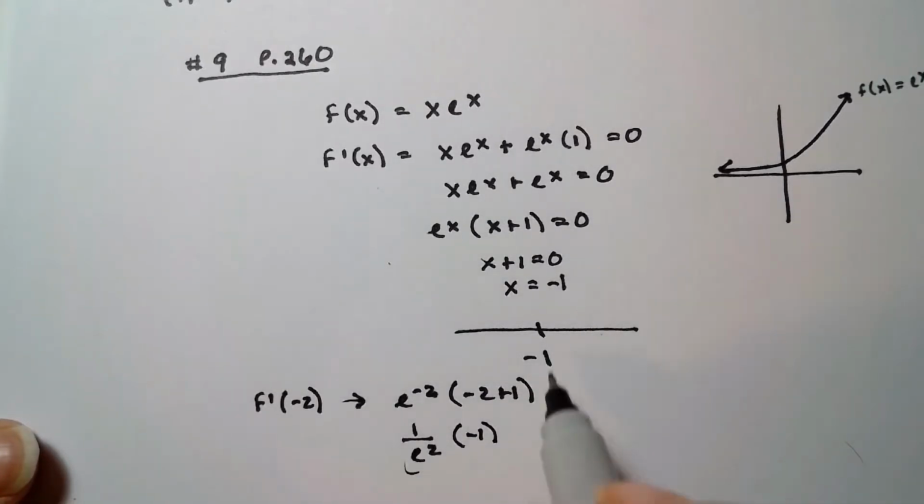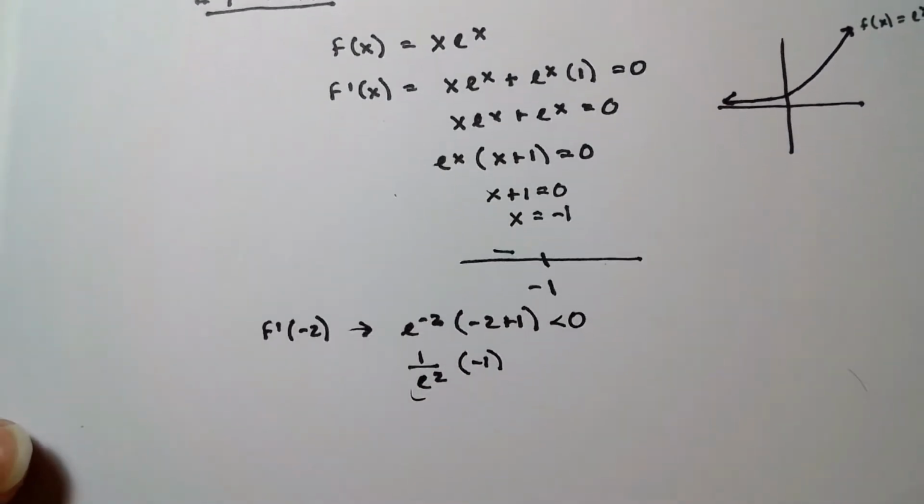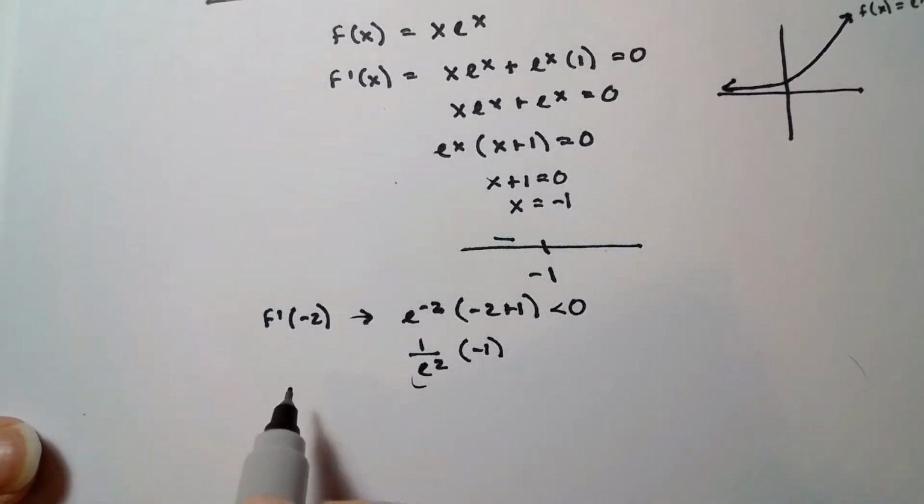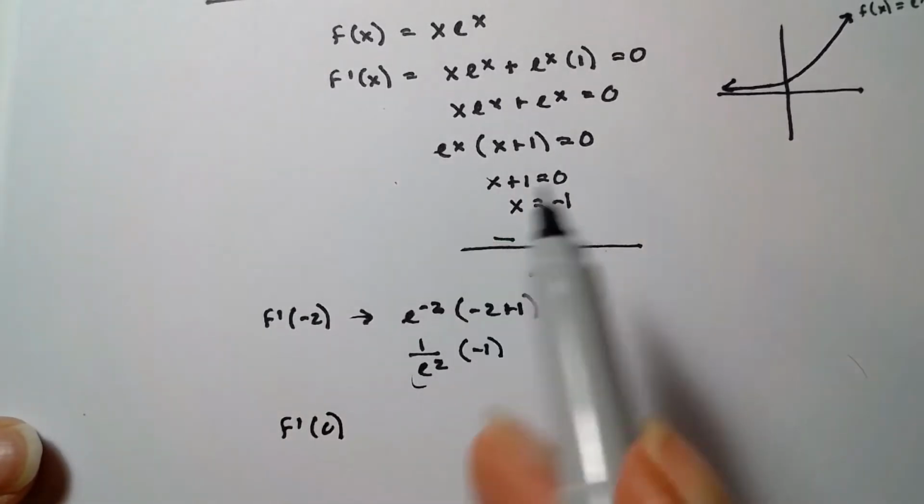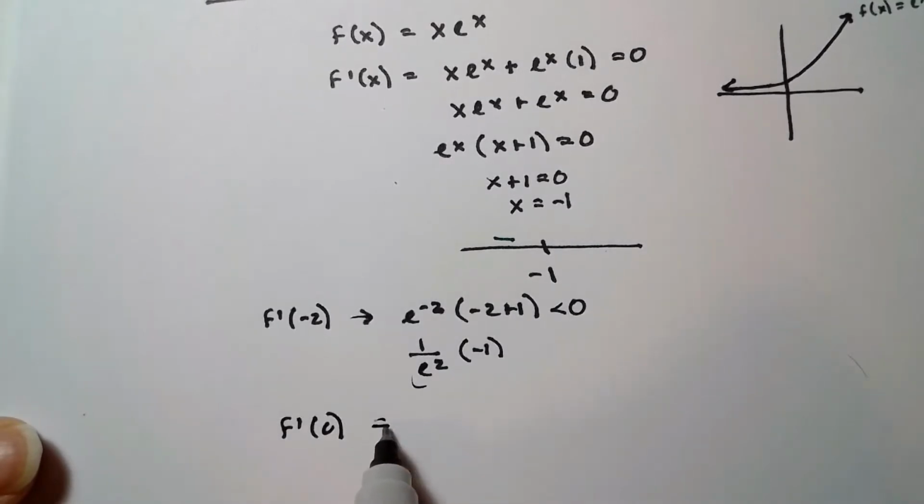So what I know is that f prime of -2 is a negative number. So I know that the derivative is negative on that subinterval. And then if I do, say, f prime of 0, that's easy, because I'm going to have e to the 0, which is 1, times 0 plus 1.